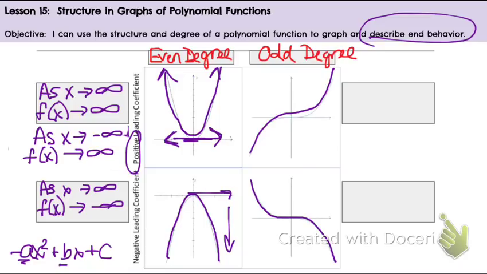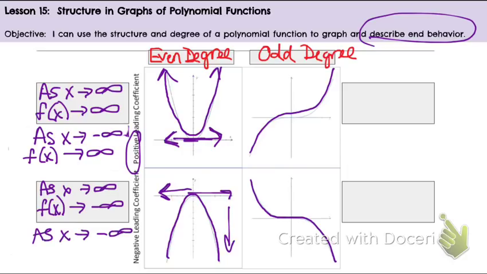And as x goes to negative infinity, so as x is going this way forever and ever, the graph is also going to negative infinity. Okay, and that's because the coefficient in front of the function was negative, so it flipped it so it opens downward.